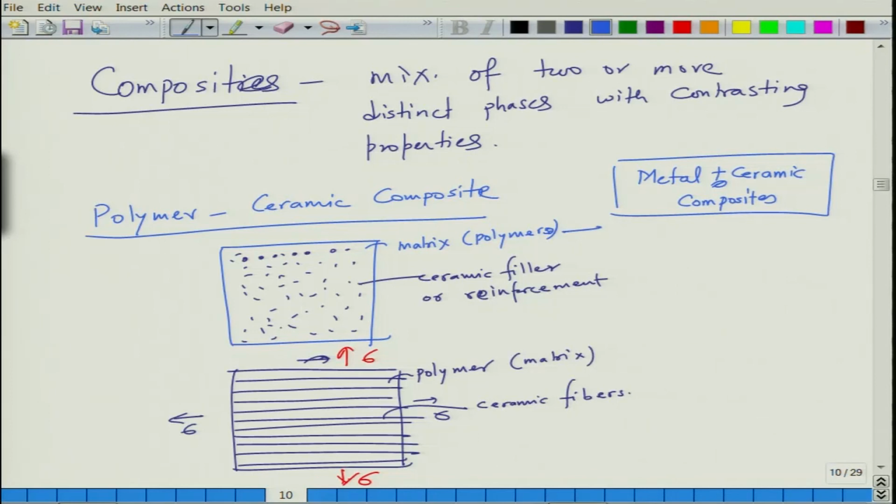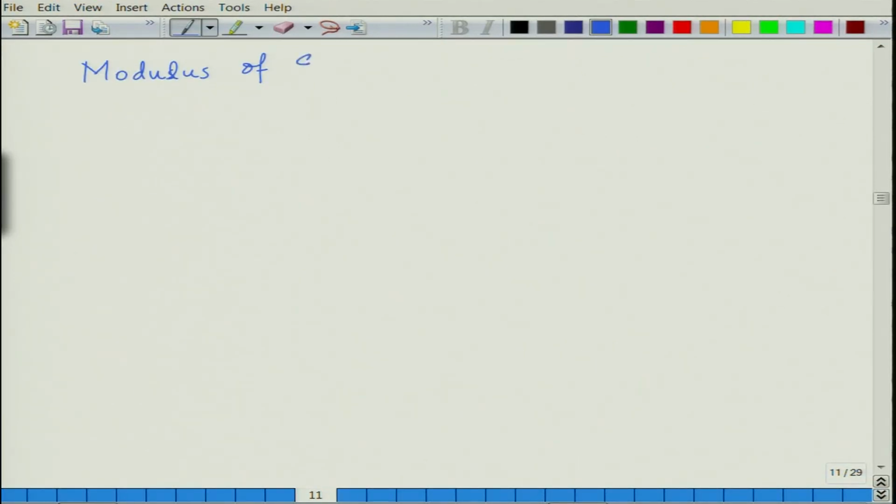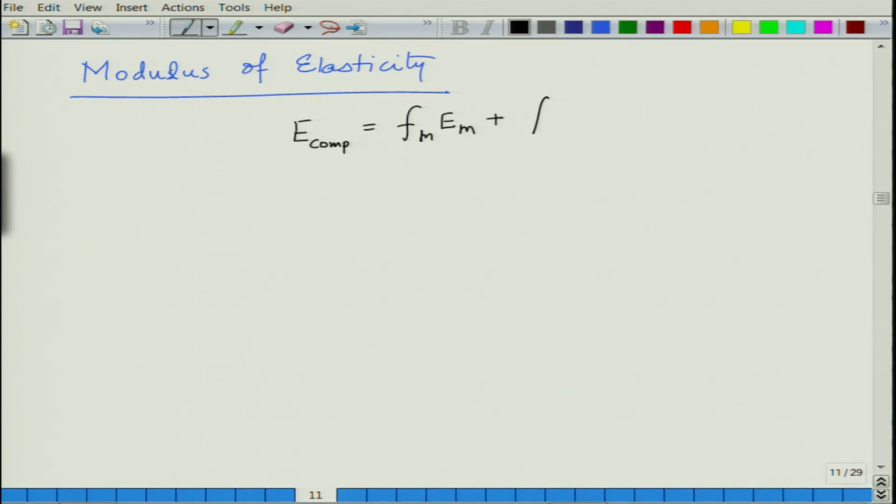So, instead of polymer, you can have metal here. Here what happens is that the modulus of elasticity varies as E composite is equal to Fm Em plus Ff Ef.